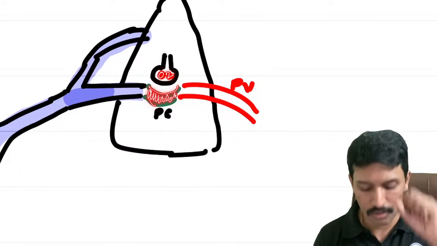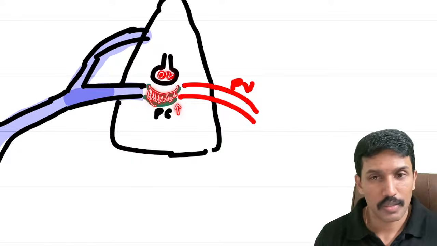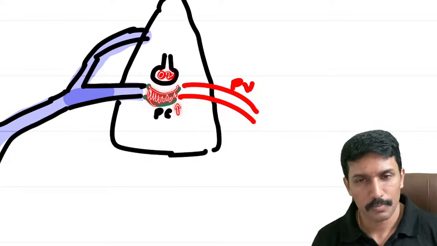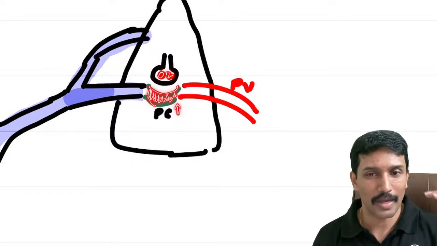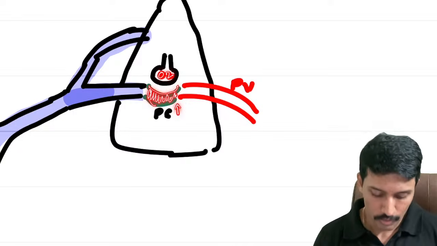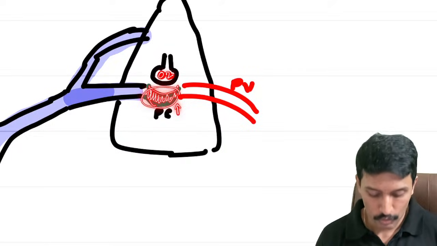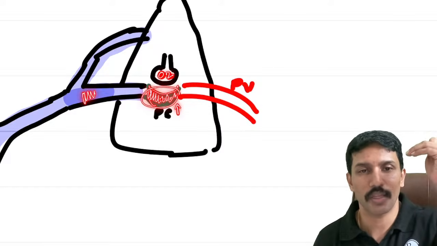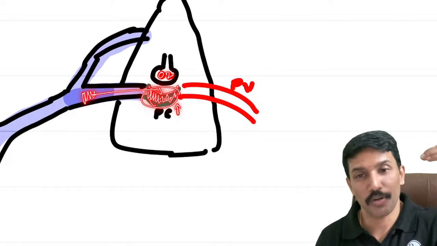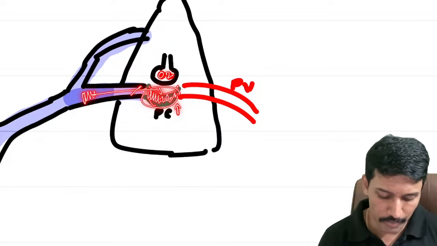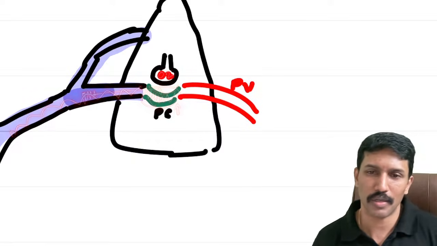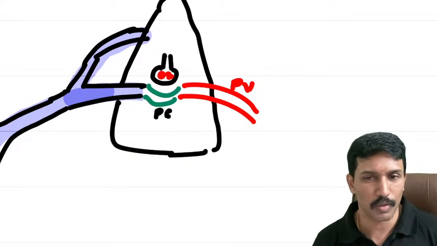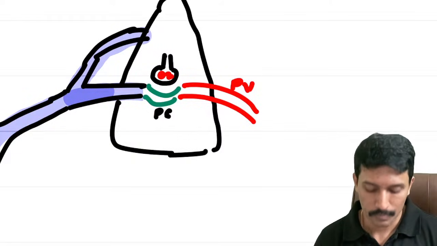Because of its constriction, pressure in the pulmonary capillary was high, and as we learned, fluid moves from high pressure to low pressure zone. So already pulmonary capillary pressure is high. For the blood to come into this, the pressure in the pulmonary artery has to increase. Then only blood will come from the pulmonary artery to capillaries. So by default, the pressure starts increasing in the pulmonary artery. When it is increased, we call it pulmonary hypertension.